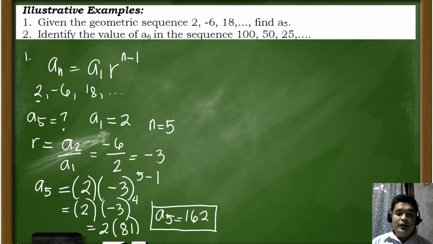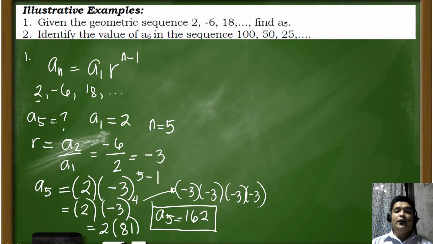Negative 3 raised to 4 means multiplying negative 3 by itself four times. Negative times negative is positive, times negative is negative, times negative is positive. So the fifth term is 162.